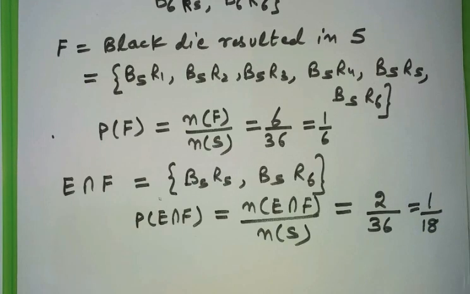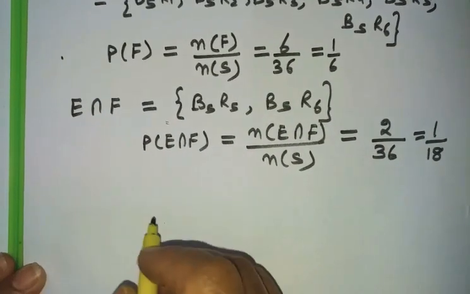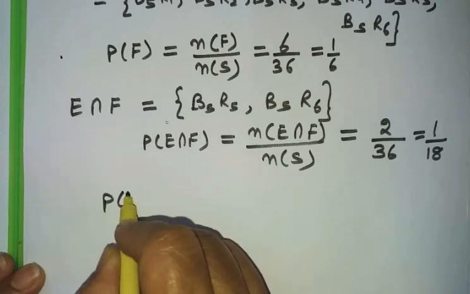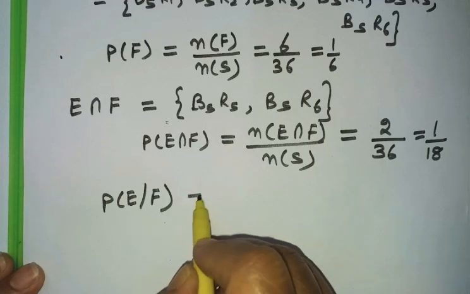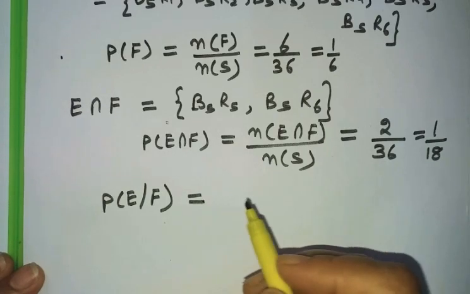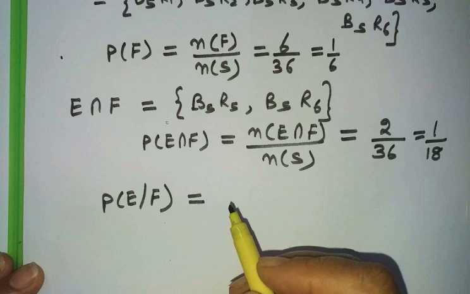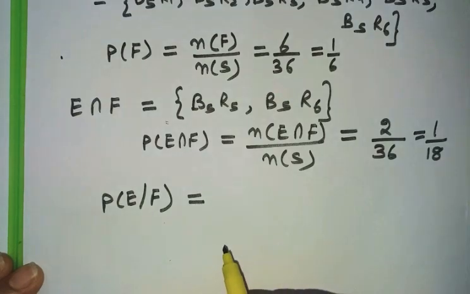Now let us calculate the required thing. We had to calculate the probability of happening of the event E given that F has already occurred. That is, we had to find the conditional probability of E with the knowledge that F has already occurred.